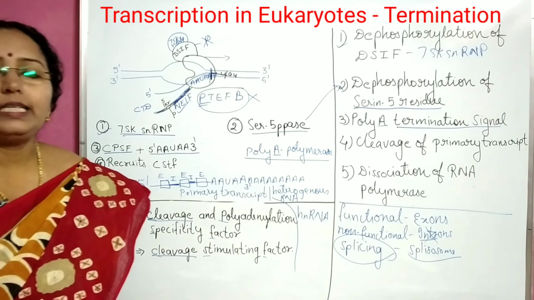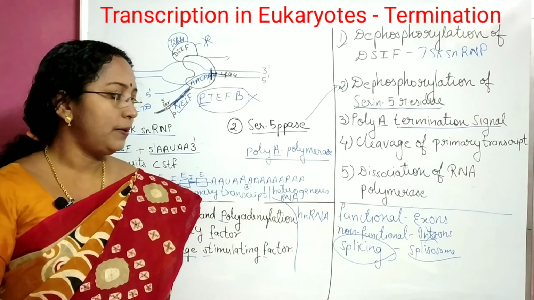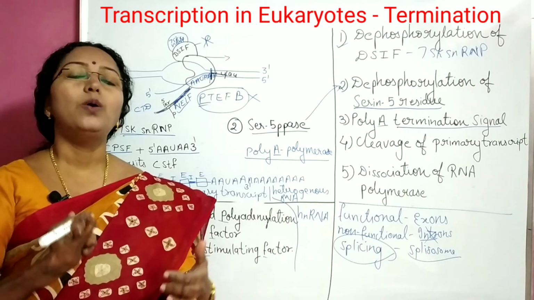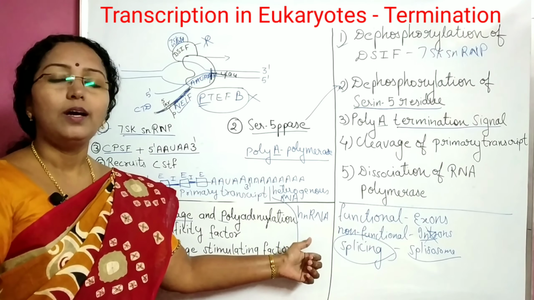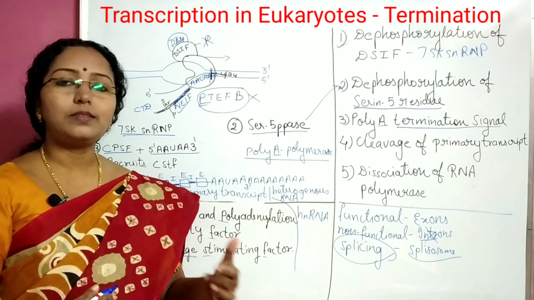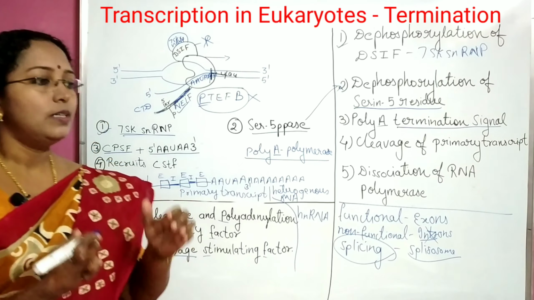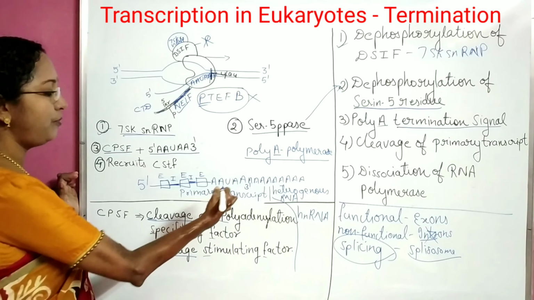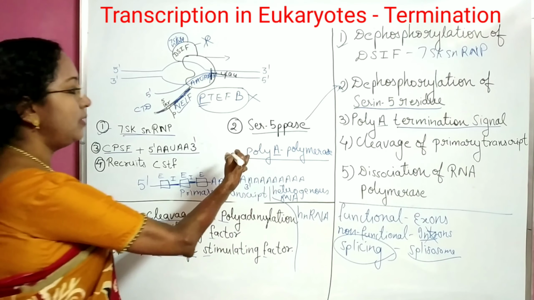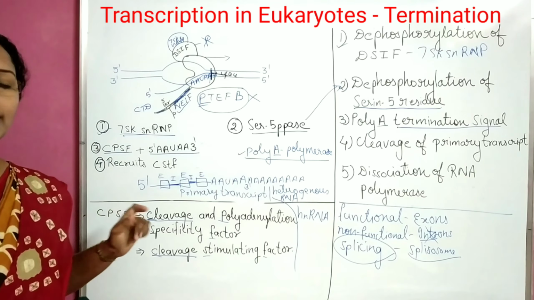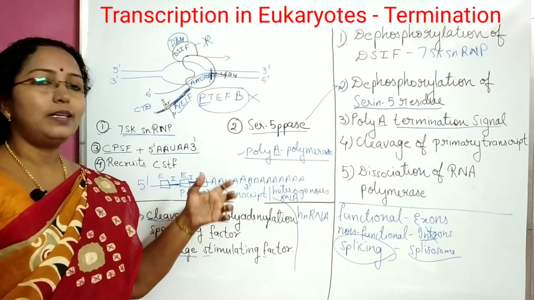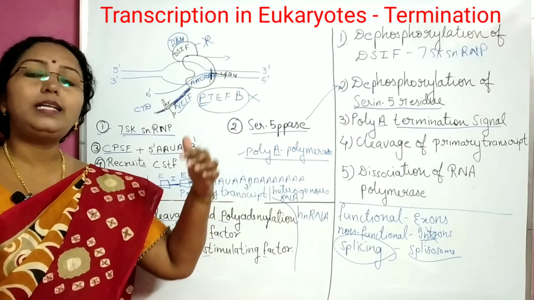This also will be dealt with in detail in another video regarding post-transcriptional modifications, that is, what happens to this hnRNA after transcription. For now you have to understand the modification is that many adenine residues are added by the enzyme A Polymerase, and the speciality of this enzyme is that it does not require any template.